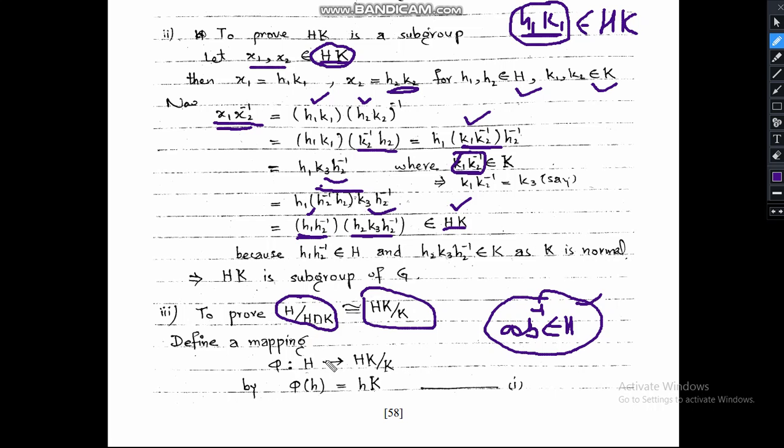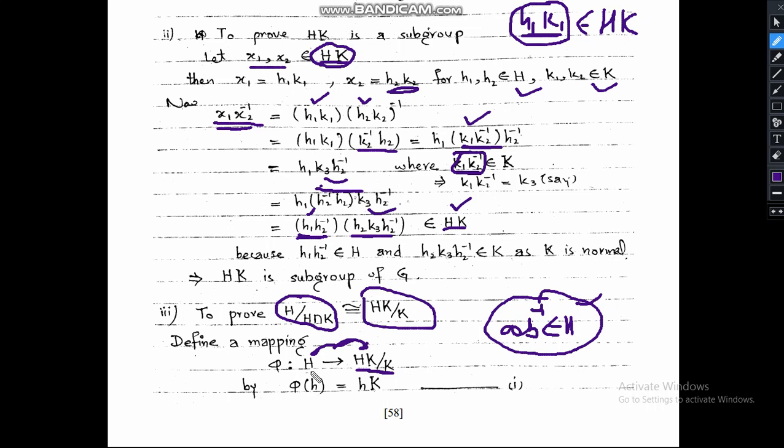So first we will define a mapping for this, and here in this mapping we are assuming that the mapping of the element H is available in HK upon K, because here we are multiplying and dividing both sides by K. So this is nothing new, this is equivalent to H, and here we are taking this mapping as phi.